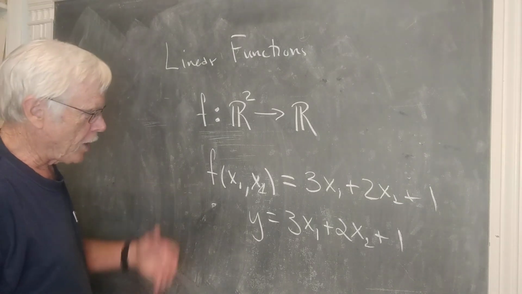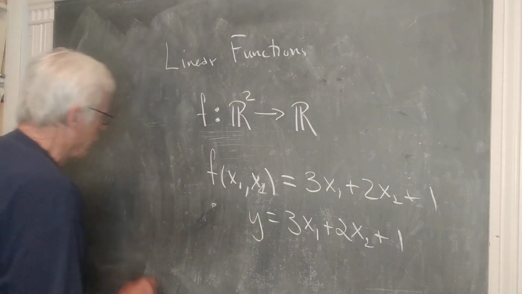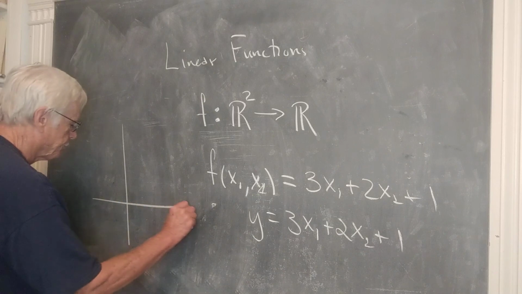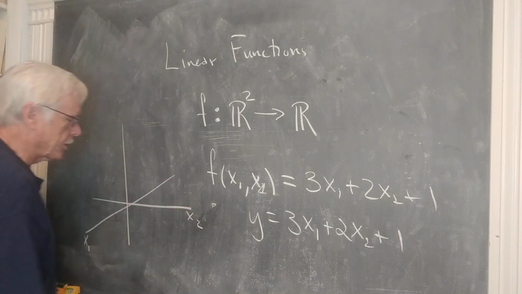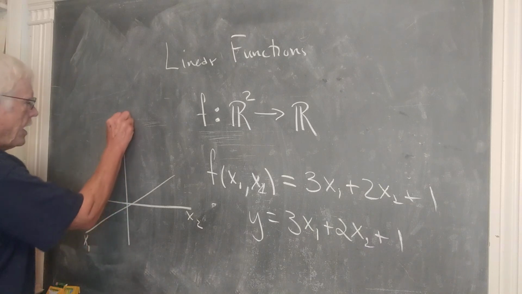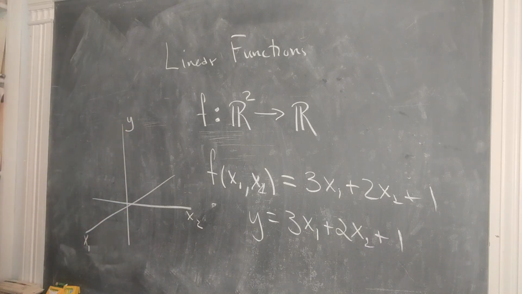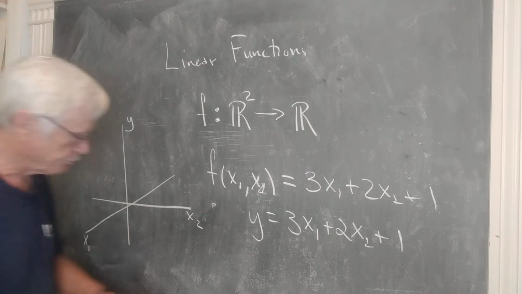And now it's going to be graphed in 1, 2, 3-dimensional space. Traditionally, the x's are horizontal, and the output, or the y, is vertical. And now we want to graph this thing.